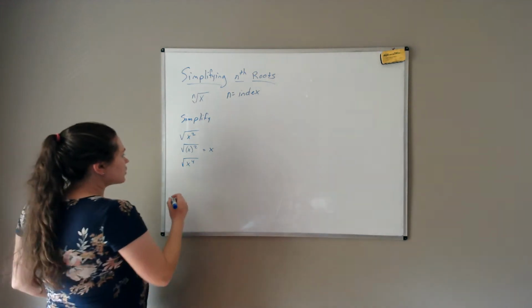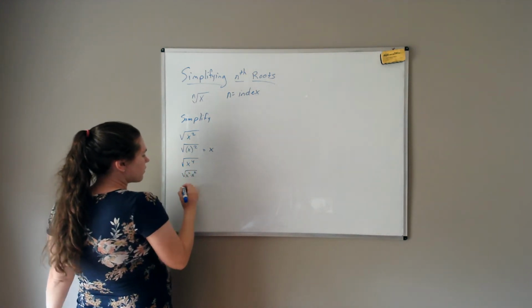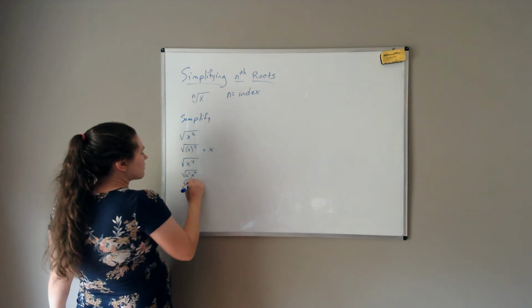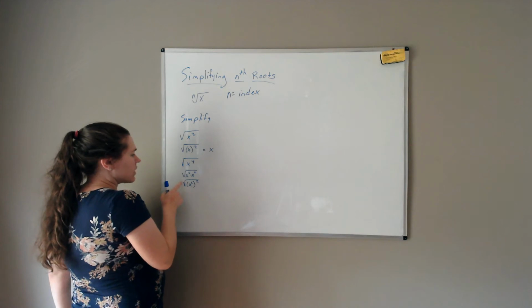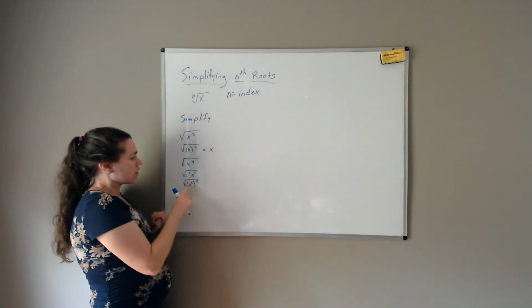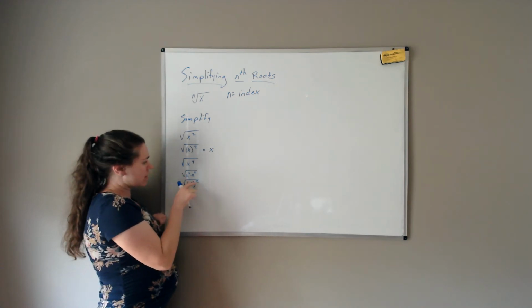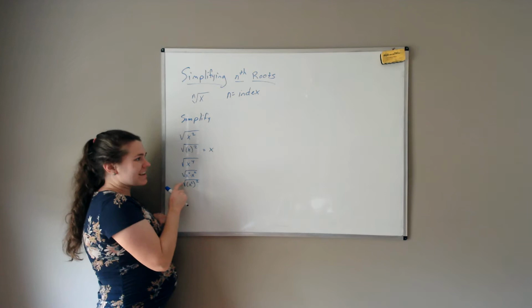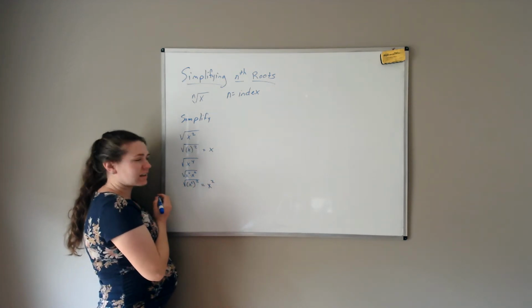So essentially, I've got x squared times x squared, or I could think about it as x squared to the second power. And so the index of 2 and the power of 2 undo each other, leaving you with x to the second.